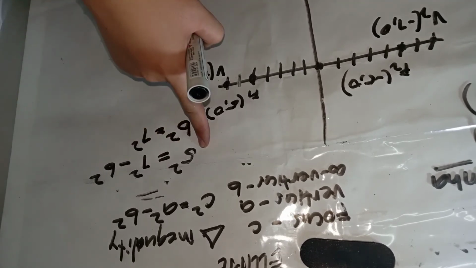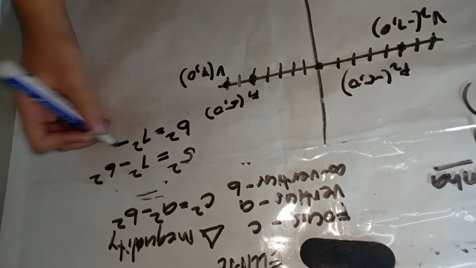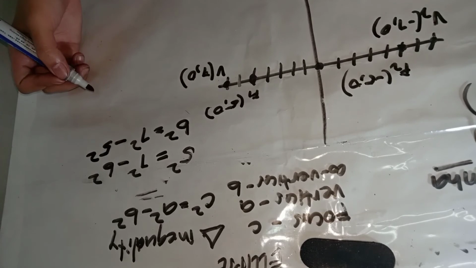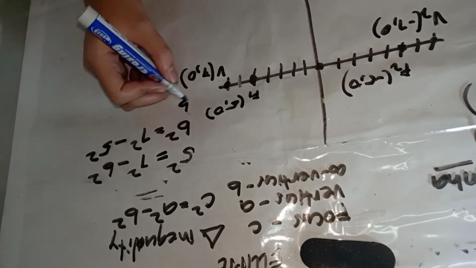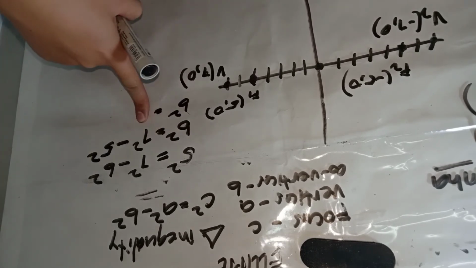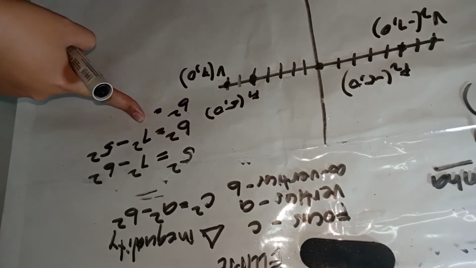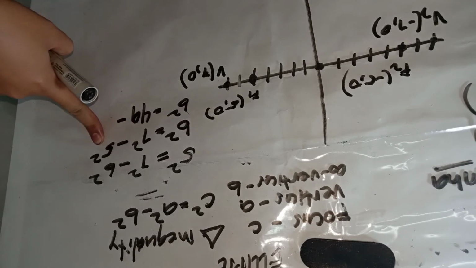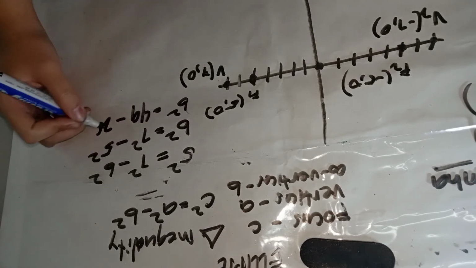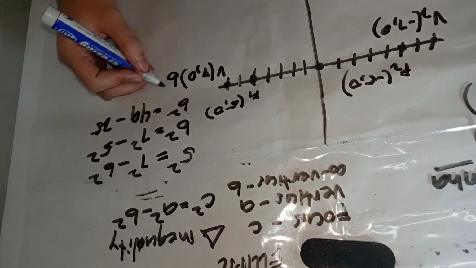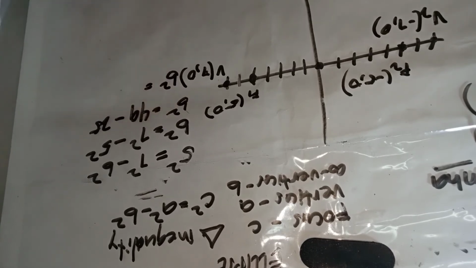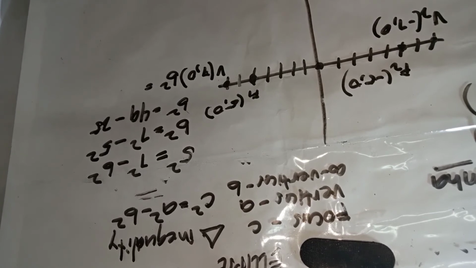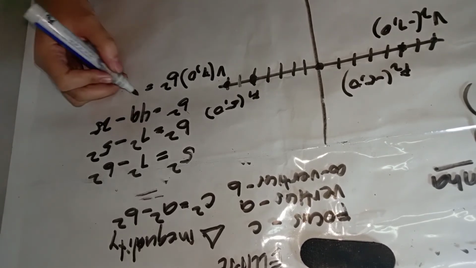Itong 5 squared, ilipat naman natin sa kabila. So, magiging negative 5 squared. Okay. So, b squared is equals to, what is 7 squared? It is 49. So, what is the value of 5 squared? It is 25. Okay. So, b squared, 49 minus 25. It is 24.